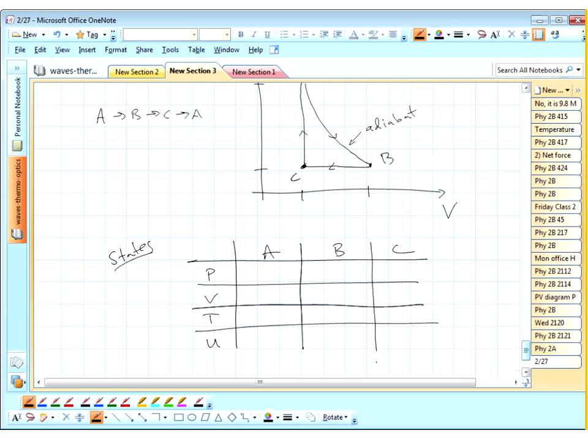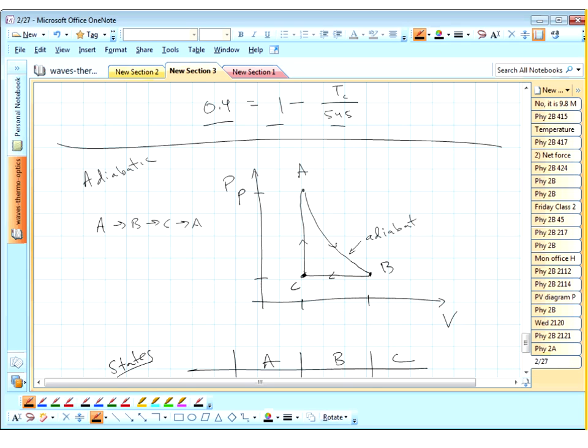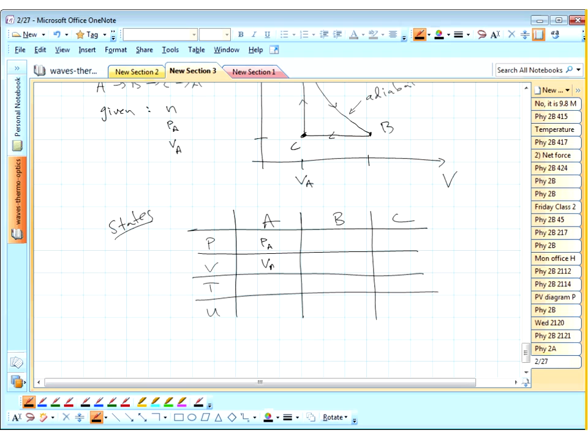So maybe we're given the pressure and volume, maybe those are given. So if we know two of these, we can solve for the third one, assuming we know N, using PV equals nRT.